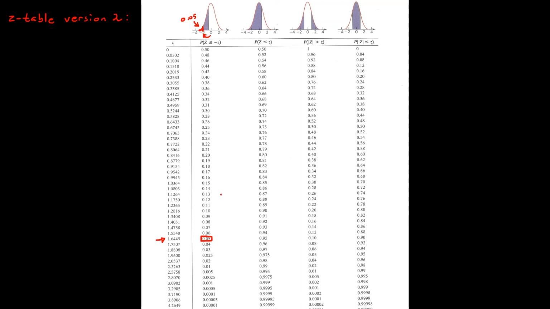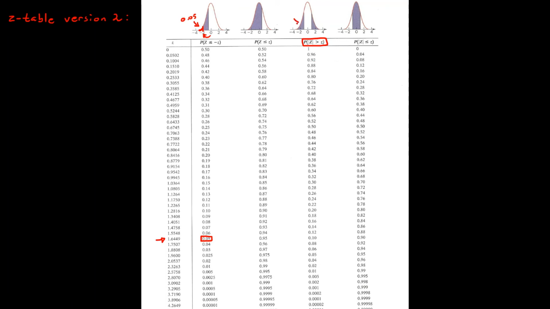And if you would like a two-sided test, you could go to this column where you have plus or minus, z greater than your critical value.